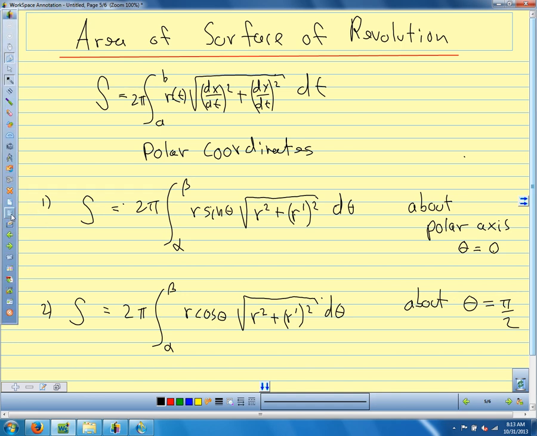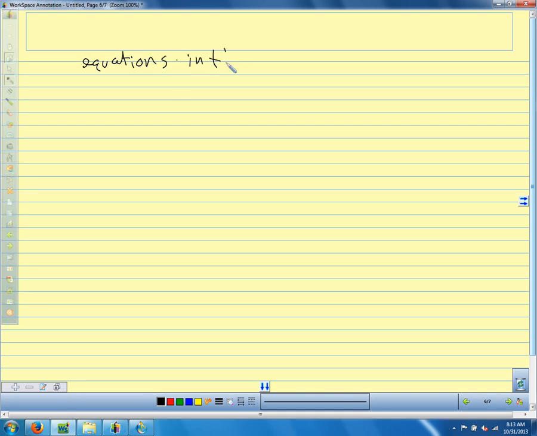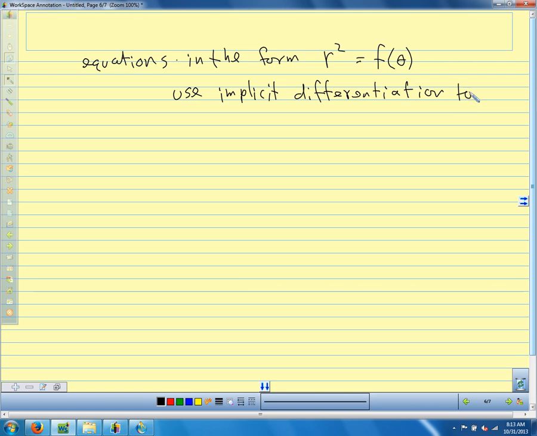I'm going to give you one hint. Often, if you have an equation in the form r squared equals f of theta, so we have a lemniscate or something like that, it can be helpful to use implicit differentiation to find dr d theta, rather than taking the square root of both sides and then going that way.